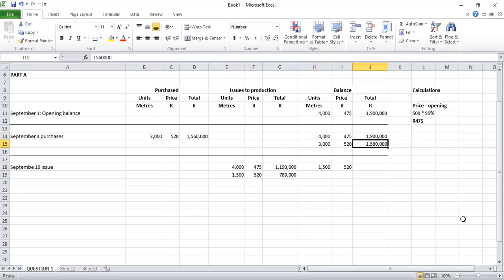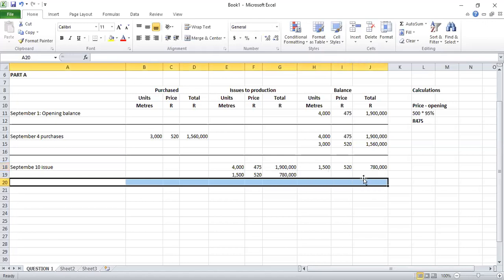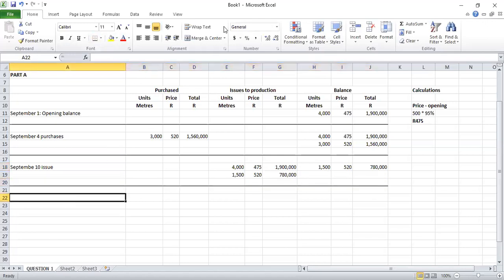Okay, so it should also come here. So our balance will be the 1,500 times 520, which is equal to this multiplied by this one. Then we'll go to the next date.